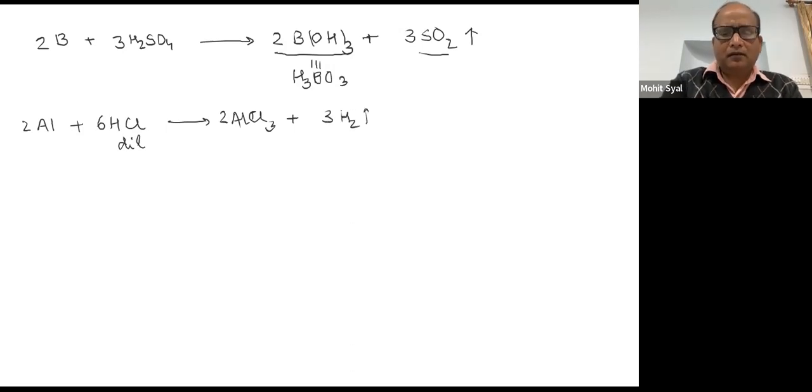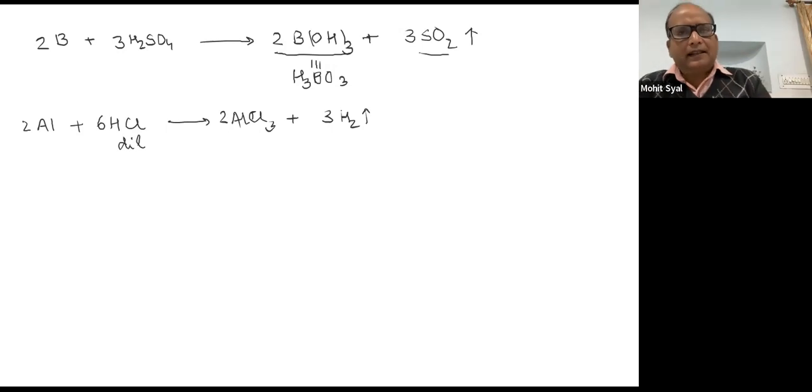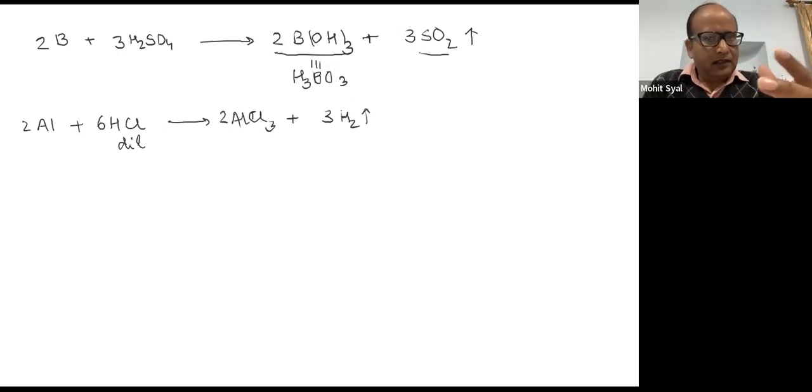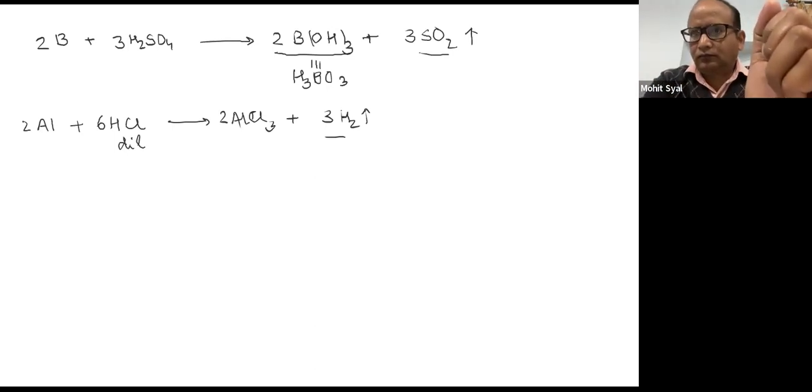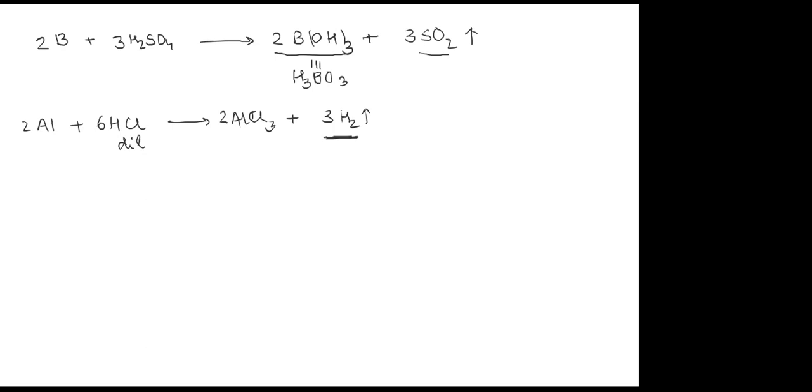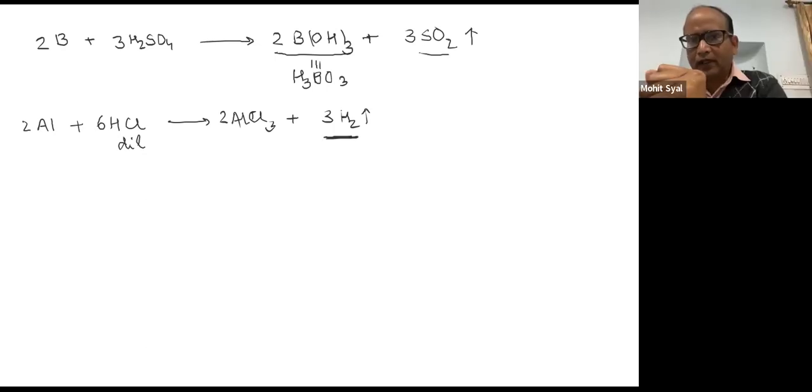All the metals do that. Metals have a very good reducing character, so they can give off their electrons, and when reacting with acid, the electrons are taken by the H plus of the acid and the H plus changes to hydrogen. Clear? Yes. So hydrogen is liberated.